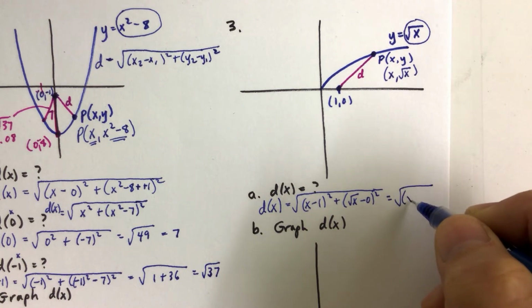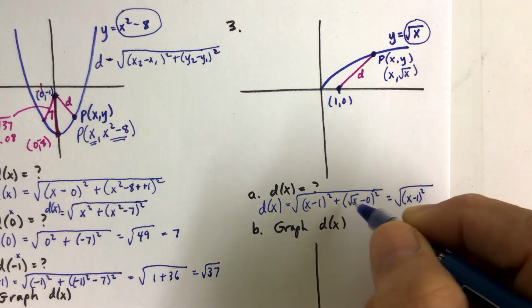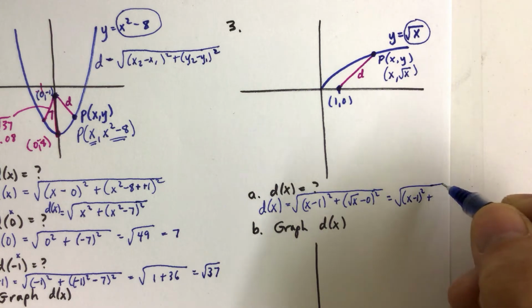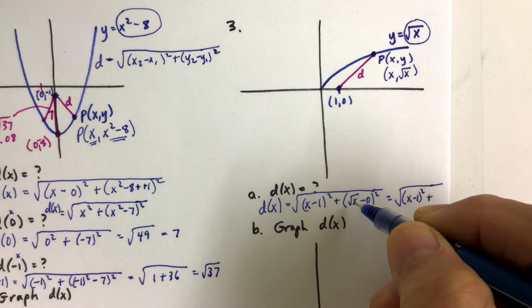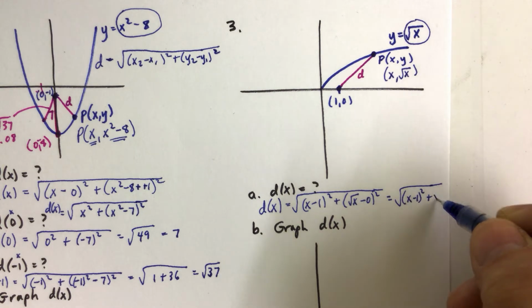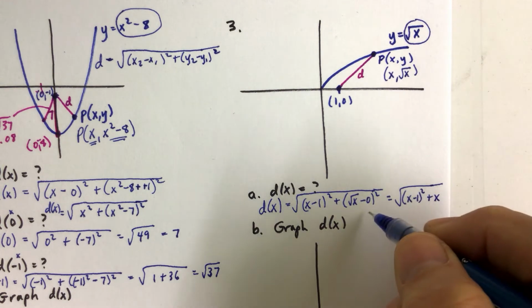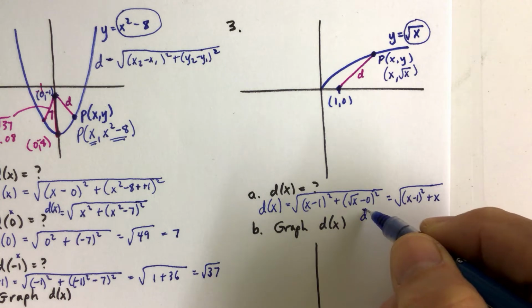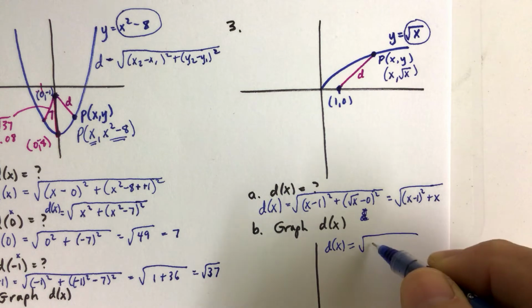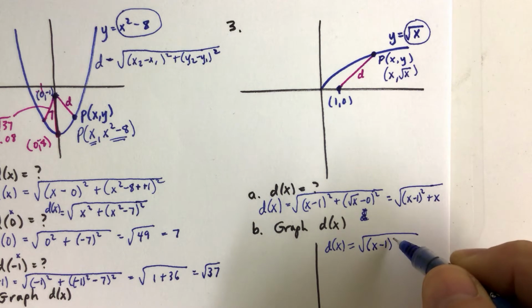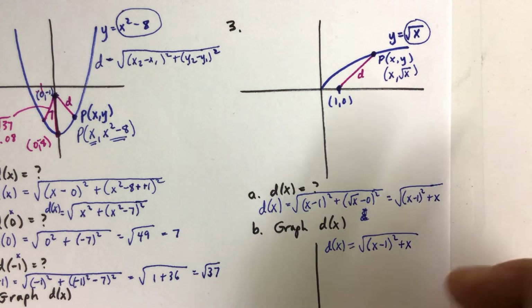We can still write (x minus 1) squared, but if we add to that the square root of x minus 0, which is the square root of x, and we square the square root of x, we just get x. So d of x is equal to the square root of (x minus 1) squared plus x.